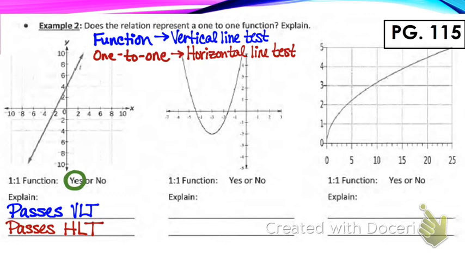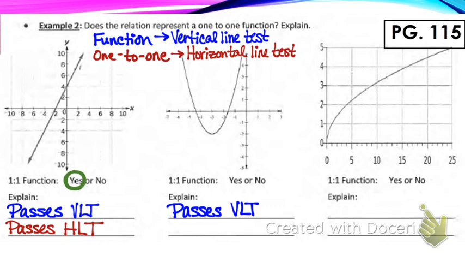Next graph over, I have a parabola here. Vertical line test first to see if it's a function. Anywhere I take a vertical line across this parabola, would it cross in more than one spot at a time? No, it passes the vertical line test. Then I'm going to change to horizontal.